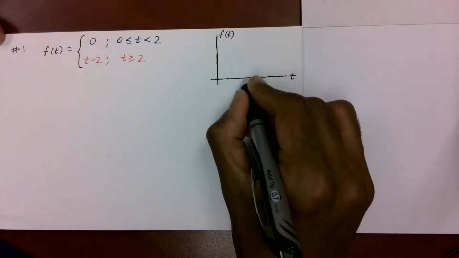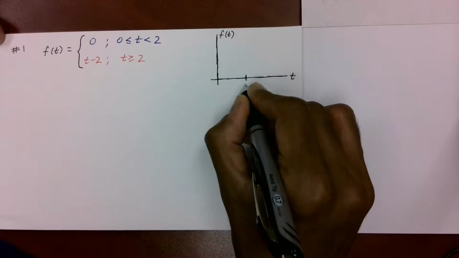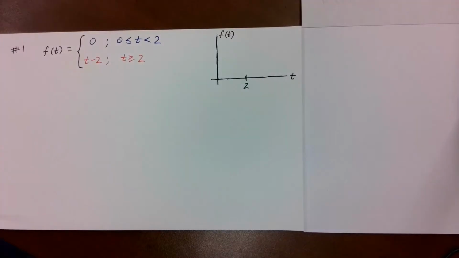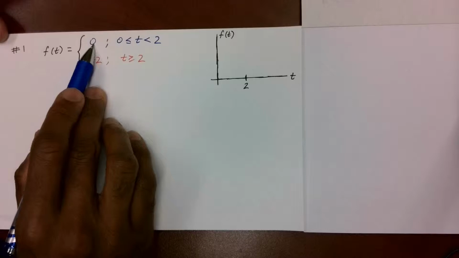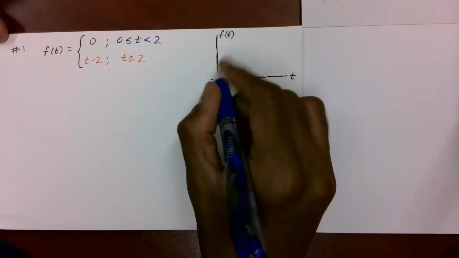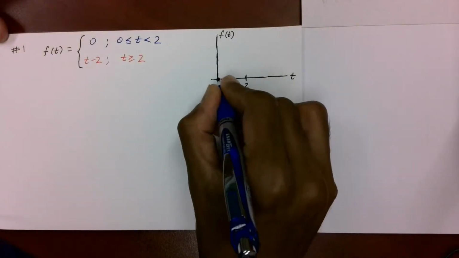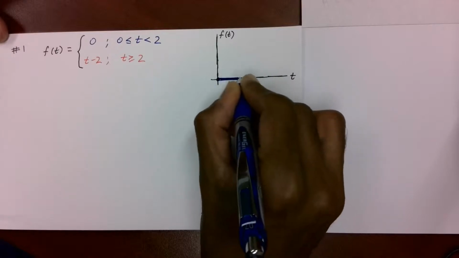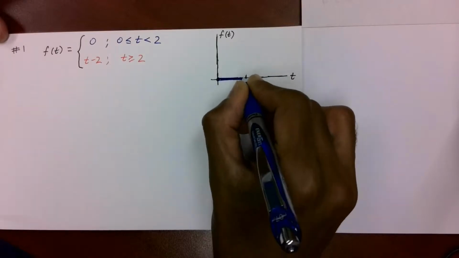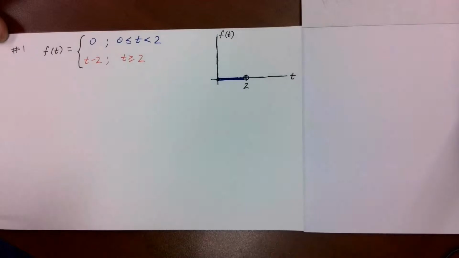I'm arbitrarily going to mark 2 along the positive t-axis. So graphing the first function value, which is 0 between the values of 0 and 2 on the t-axis, it is simply going to look like a horizontal line, which will be open at 2 on the t-axis.